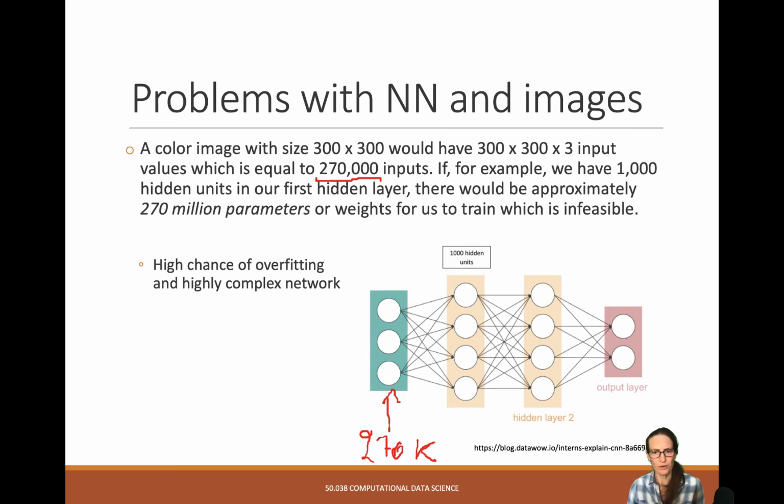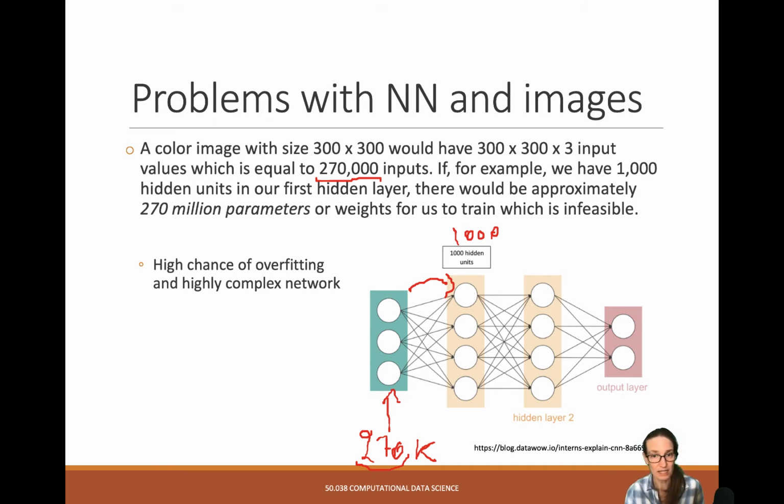So if we say we reduce the number of nodes in our first layer, we have 1,000 hidden nodes. So that means we reduce our data from 270,000 to 1,000 nodes, divided by 270. Which is small.